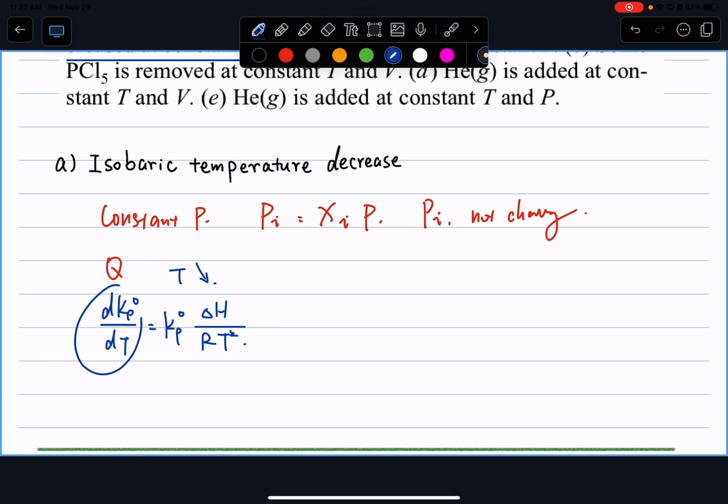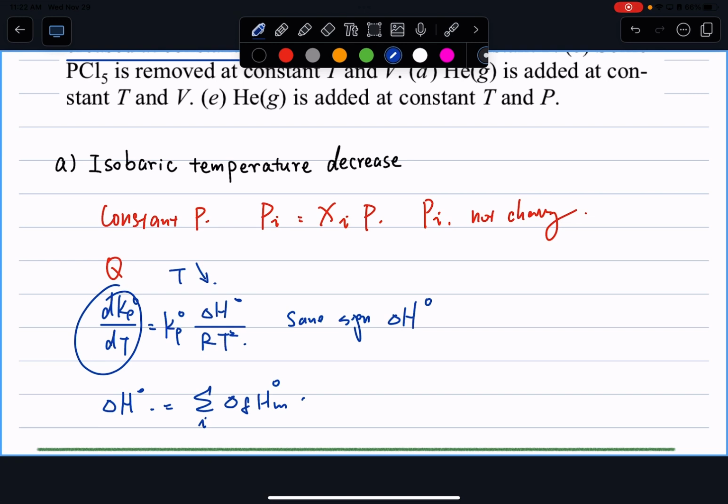So this derivative will have the same sign as your delta H naught, and you can calculate delta H naught using the appendix data of your delta H of formation of the reactant and product. Find out the delta H of the reaction, and then predict how that equilibrium is going to shift.